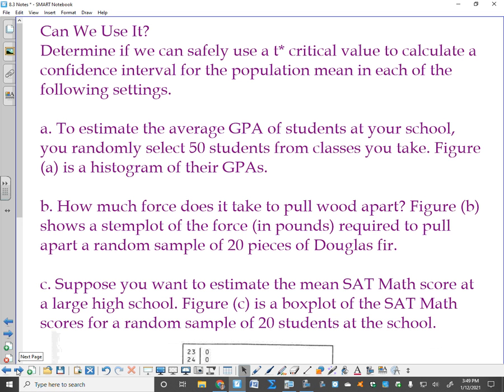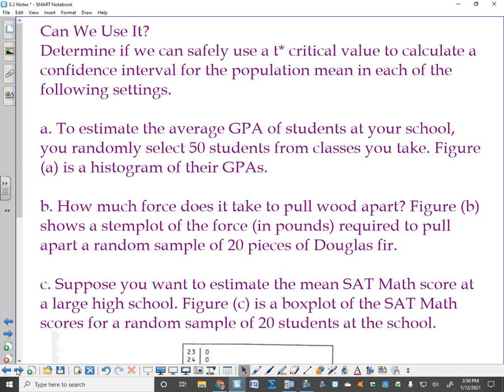Okay, can we use it? Determine if we can safely use a T-star critical value to calculate a confidence interval for the population mean in each of the following settings. To estimate the average GPA of students at your school, you randomly select 50 students from the classes that you take.